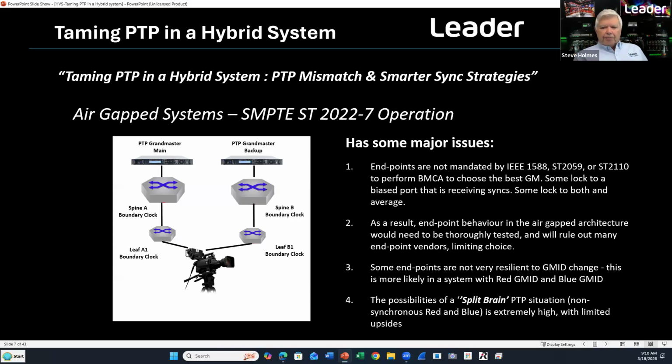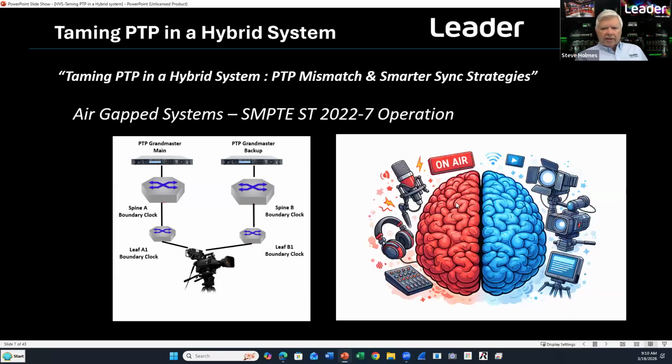So we can have several things happen here, and we call it the split brain syndrome. You could have a main PTP grandmaster go out. Yes, I still have PTP coming down this side feeding the receiver, as long as the receiver can walk over to the backup PTP system.